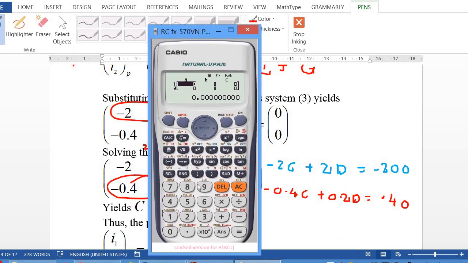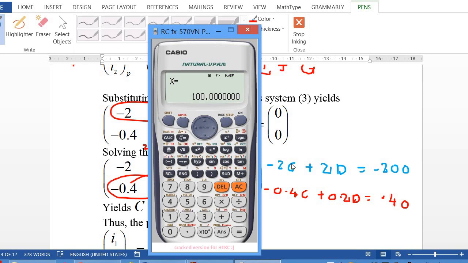First row is negative 2, 2, then the constant negative 200. Second row, negative 0.4, 0.2, and this is negative 40.